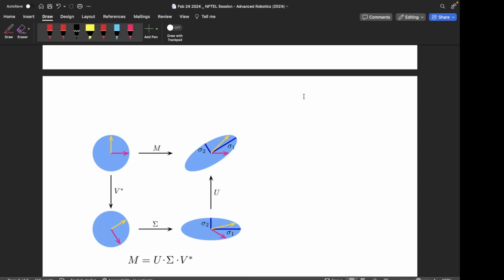SVD, or singular value decomposition, is not unique, right? The matrices U and V can be arbitrary. They will be orthogonal. Depending on the choice of U, V will change and vice versa. But the singular values are the same. So for any matrix M, its singular values are unique. So sigma 1 and sigma 2 are unique.